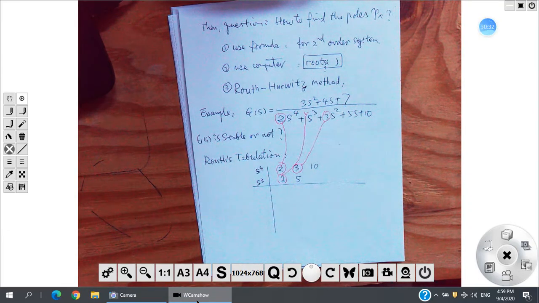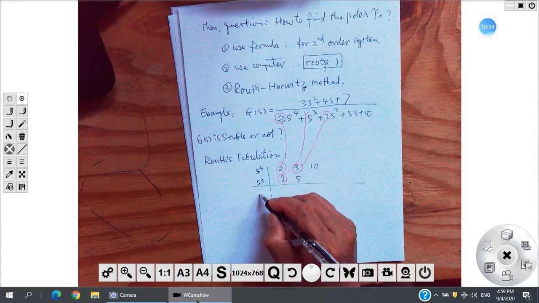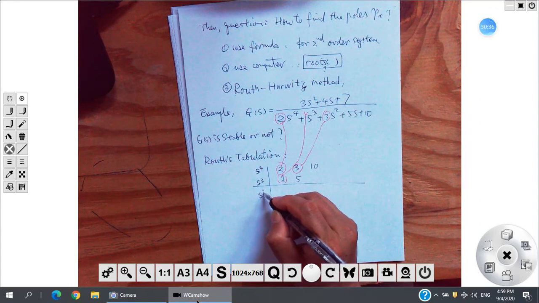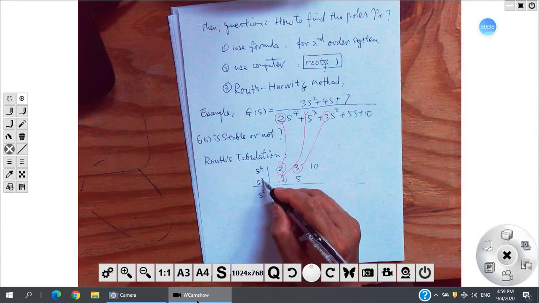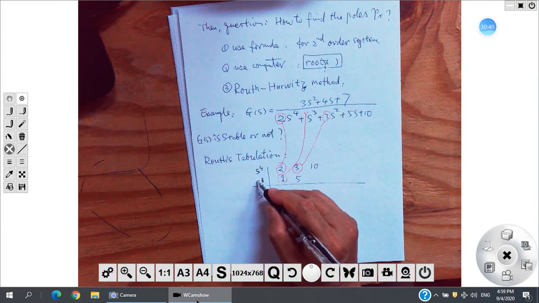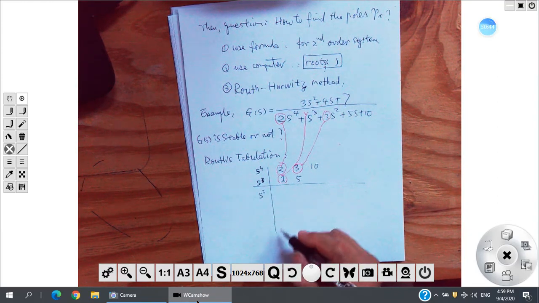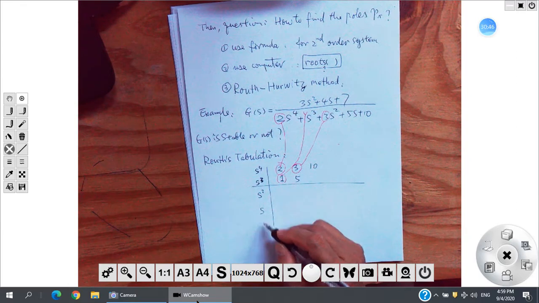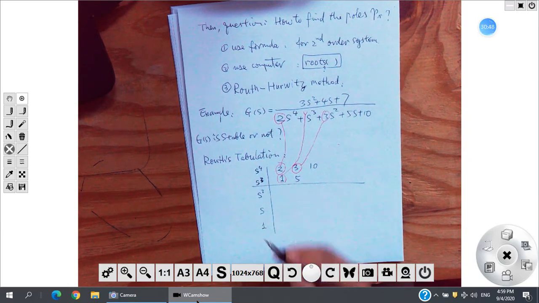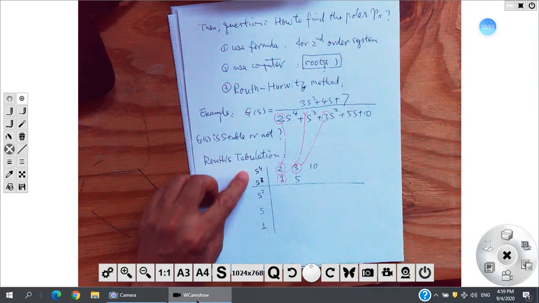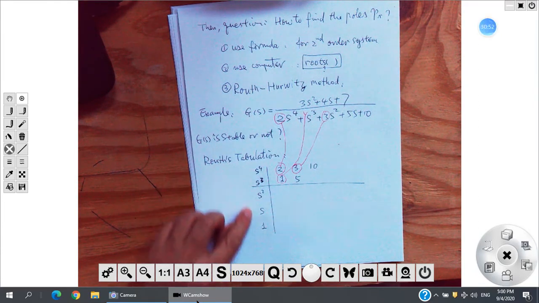Now we check the next one. Here you put s squared, so the power is 1 less than above. This is s to the cube, then here's s squared. Actually, we also need s and 1. Every time you list all the powers of s here.